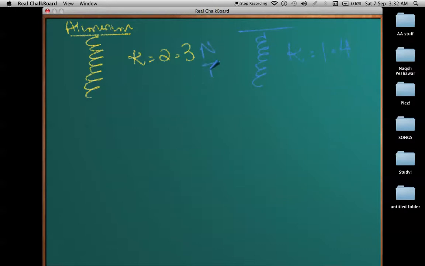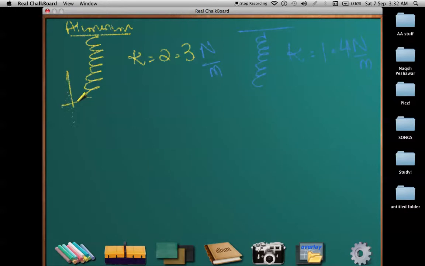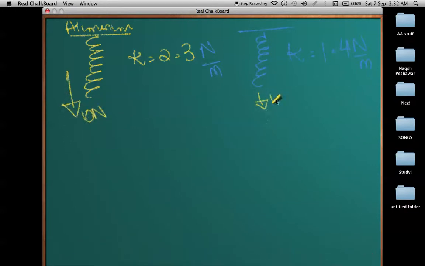Newtons per meter, both of them. Now let's say I am applying a force of 10 newtons to both. You should be able to imagine now which spring would extend more with a force of 10 newtons.